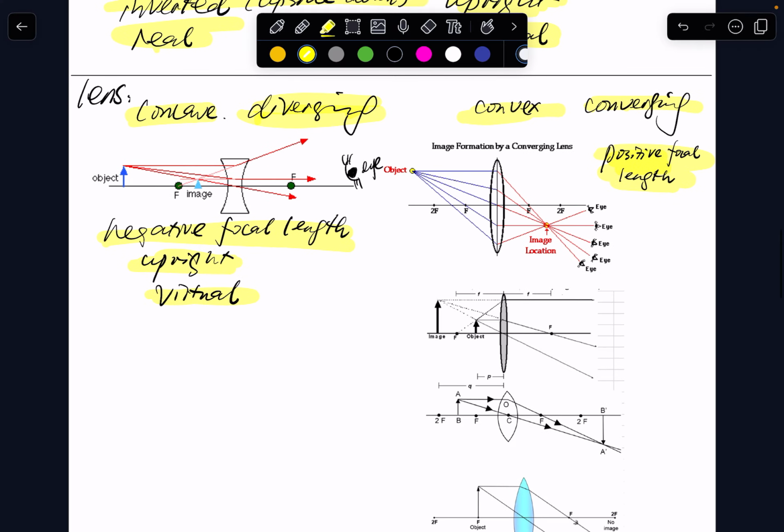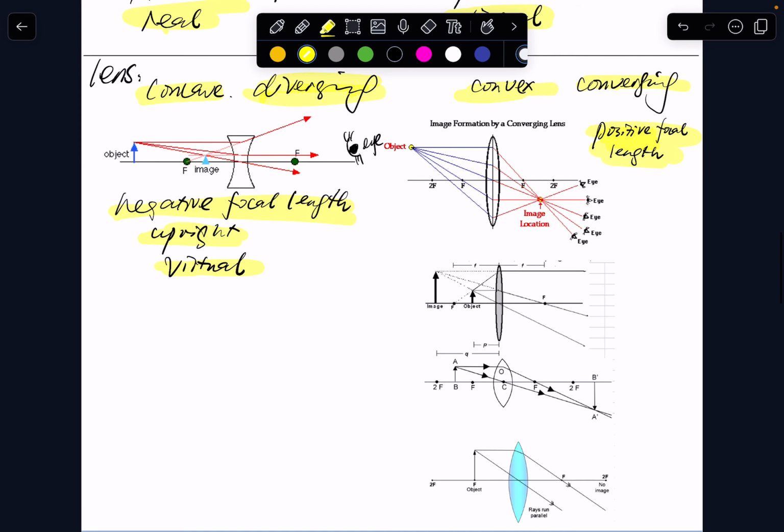Okay, so the convex lens actually gets complicated. There are different scenarios where we have either a virtual upright image or a real inverted image. It depends. In the first case of this picture that you see, we have three cases: 1, 2, 3.